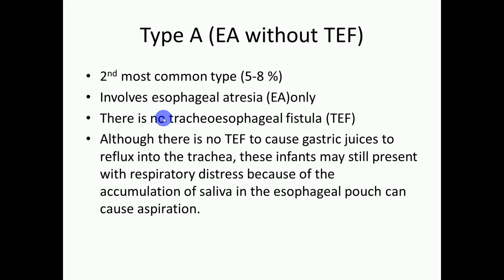Although there's no TEF to cause gastric juices to reflux back into the trachea, they still present with respiratory distress, because if you look on page 803, you can see the esophagus is not a continuous tube. It comes into a blind pouch there. And because of that, the accumulation of all that saliva in the esophageal pouch is going to cause aspiration. So that's a type A.